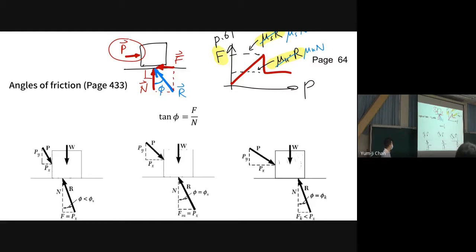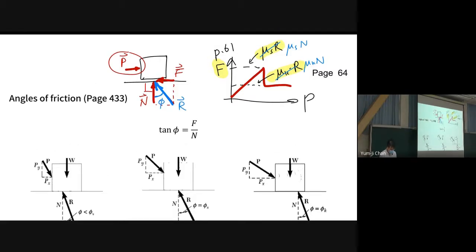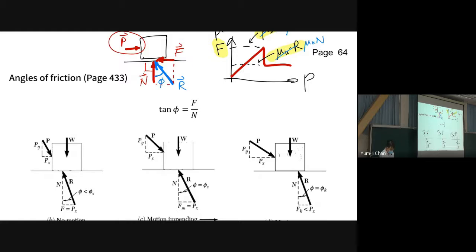We mark this angle phi. So you may ask why I'm doing this. For this, let's take a look at these two cases. For example, for motion impending, we have F equal to mu s times N, right?